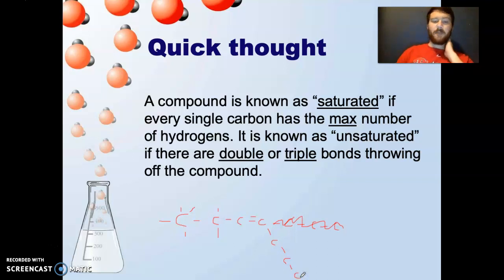And what happens there is it acts in your arteries like a boomerang. It hits the walls of the arteries, doesn't lay down in your arteries, and doesn't cause any hardening of the arteries. So anyway, it relates to biology there. Saturated, every single carbon has a max amount of hydrogens. Unsaturated, there's a double or a triple bond.